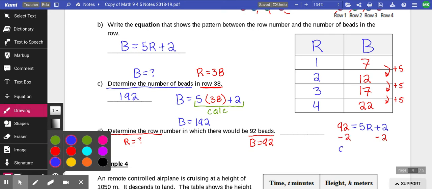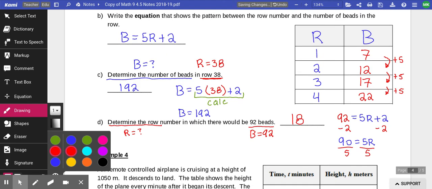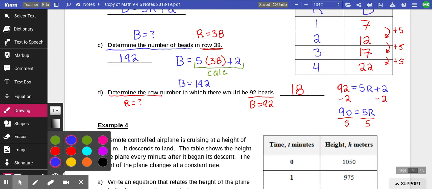That gives me 90 equals 5R. Divide by 5. And you should get an answer of 18. So the row number would be row 18. I ran out of space there, but it'd be 18 equals R.